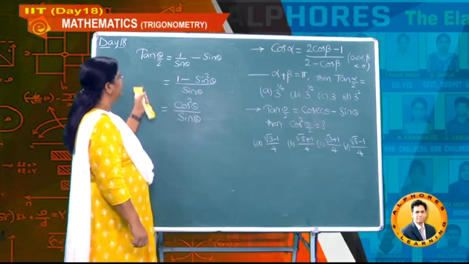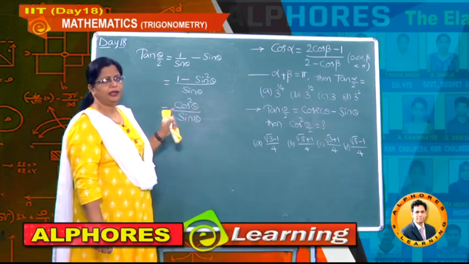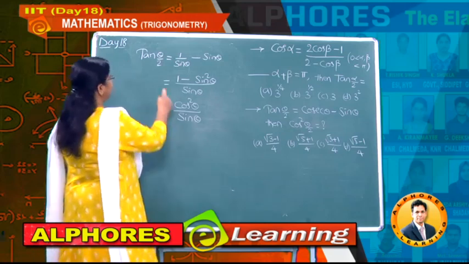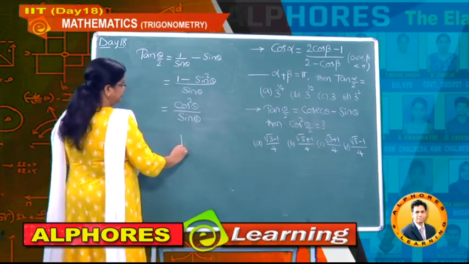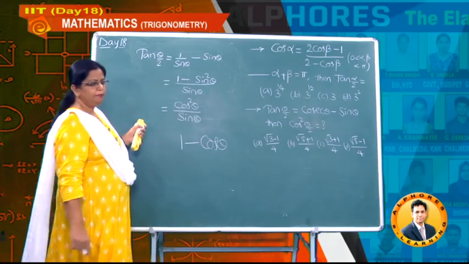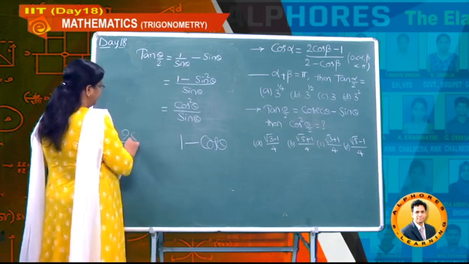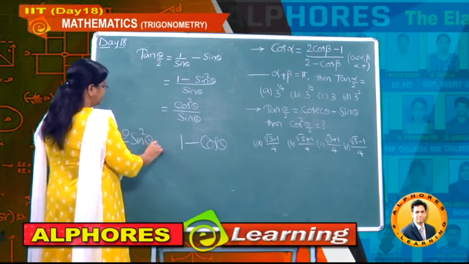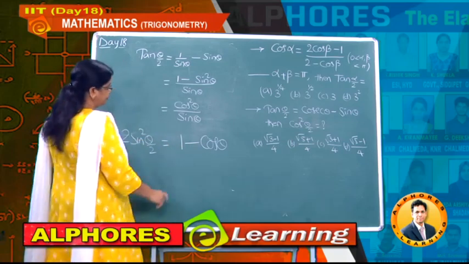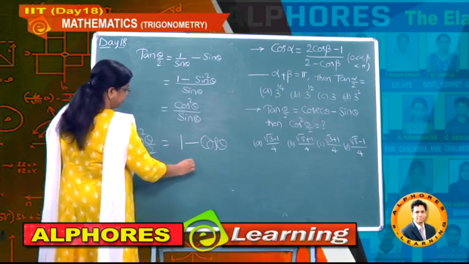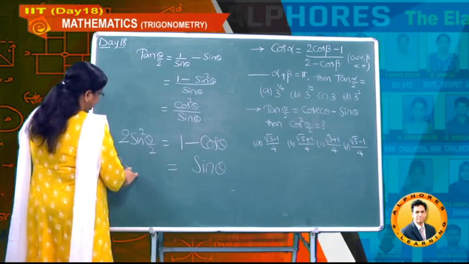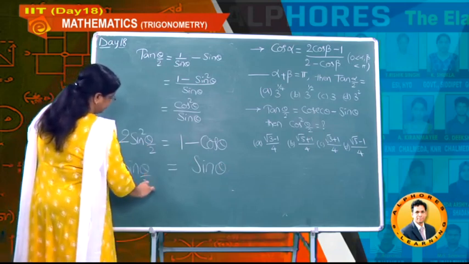How can I convert this value in terms of full angle? Then only we can do the simplification. Now students, observe tan theta by 2. Suppose I take 1 minus cos theta, what is this formula actually? 2 sin square theta by 2. This is the formula we have already proved from multiple and submultiple angles. And what is the formula for sin theta? This is nothing but 2 sin theta by 2 into cos theta by 2.